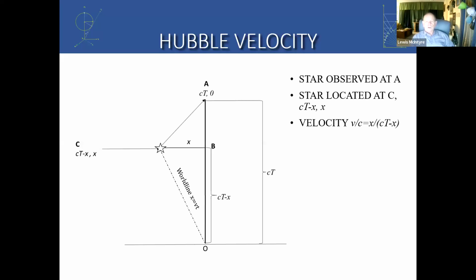Since the star and the Earth share a common point in time, specifically the ultimate t equal to 0, the Big Bang at O, we determine that the star is moving with velocity v over c equal to x over cT minus x as shown, increasing for stars of greater and greater distance.